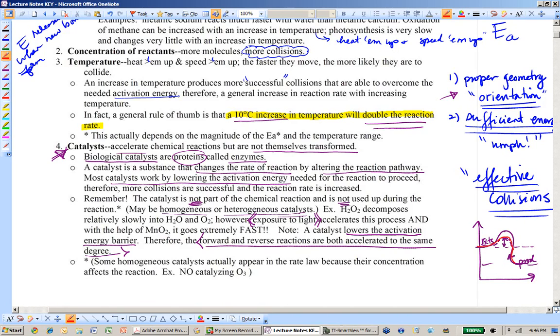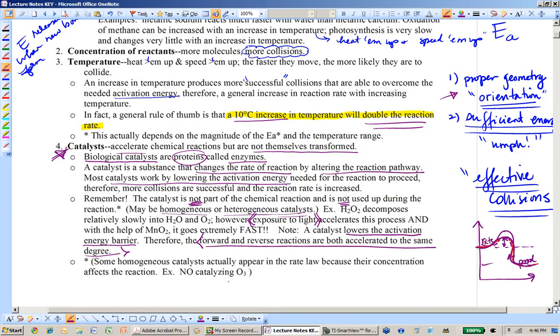That's the forward reaction that you're used to. And it works this way in the reverse reaction as well. But I still go to the dotted line, so that's what I mean by it's an equal opportunity catalyst. So to the same degree means I don't go up all the way to the top on the reverse reaction.